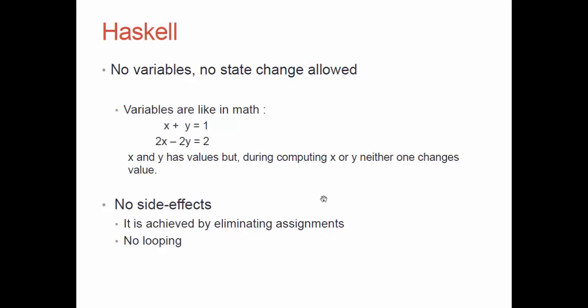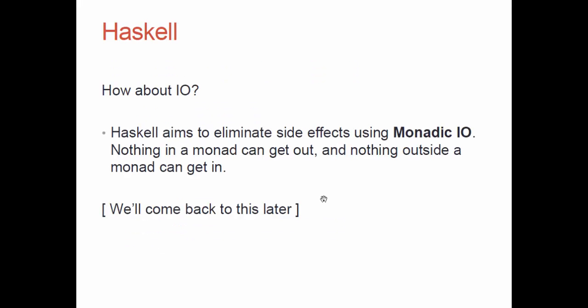So no side effects are achieved by eliminating assignments, as well as no looping. How do we achieve this? By expression evaluations. So the obvious question is, how about I/O, which is the essence of any computation? Data is interacted with the program.